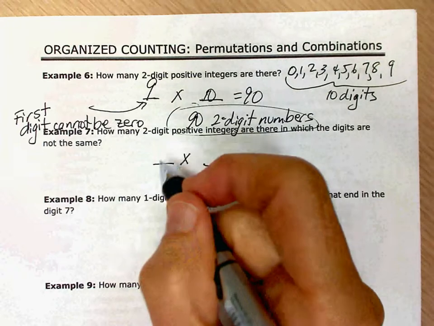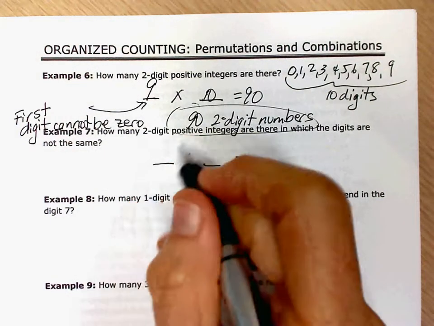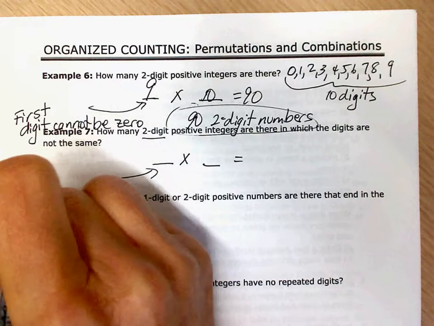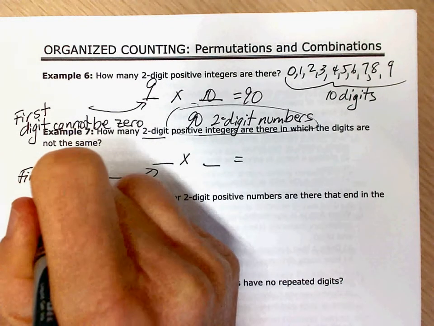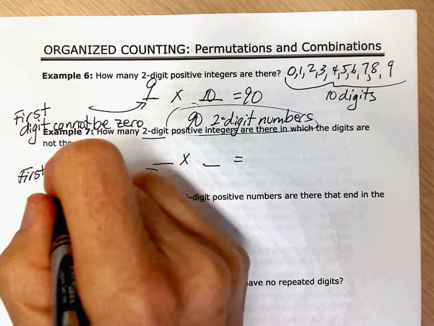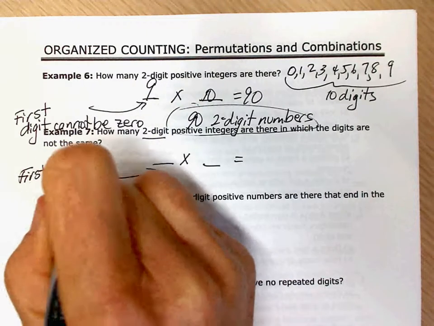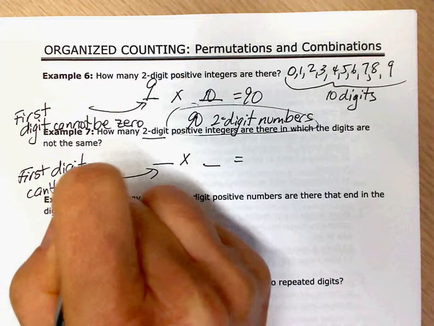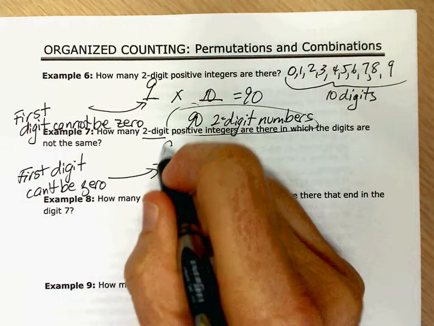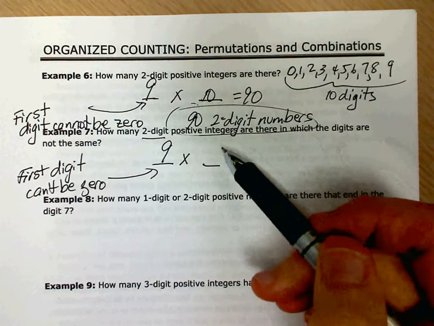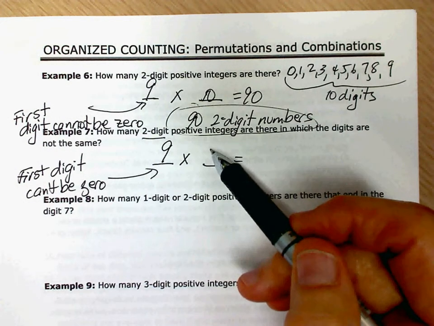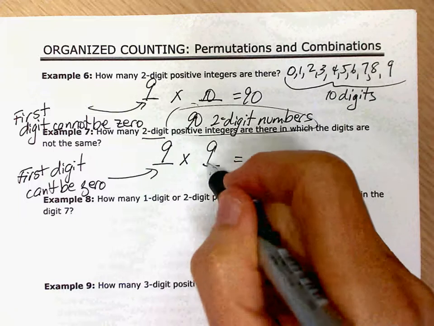You already know if we want a two-digit number, the first one cannot be 0. All right, so we're down to 9. Now, how many choices do we have on the second digit? Yeah, because now you can use the 0.